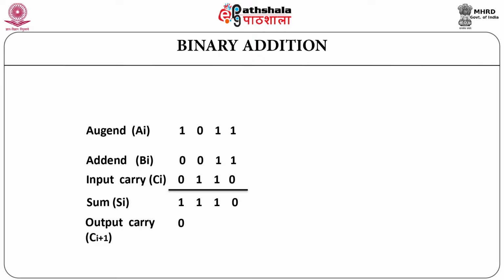This does not generate a carry, so carry is 0, and the last bits are to be added. The addition gives 1. So, if you find out the sum, it is 1 1 1 1 0, and if you convert that into a decimal number, it will correspond to 14. 11 plus 3 is 14, we know very well, but the same thing is obtained by using this particular full adder.